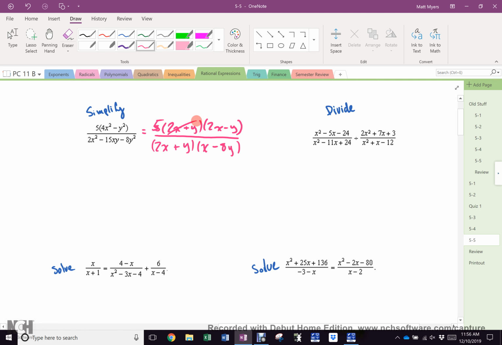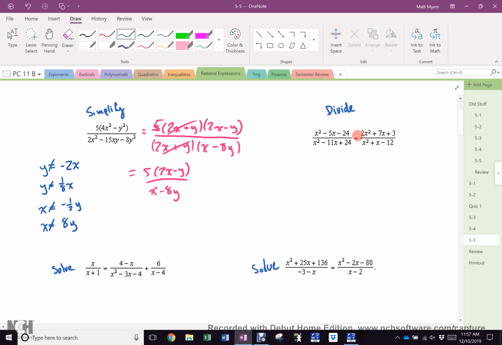And then, of course, cancel: 5, 2x minus y, over x minus 8y. Now, if you were really going crazy, you could have done your NPVs too, which would have been y cannot equal negative 2x, y cannot equal 1/8 x, x cannot equal negative 1/2 y, and x cannot equal 8y. But, of course, I don't really care about those.